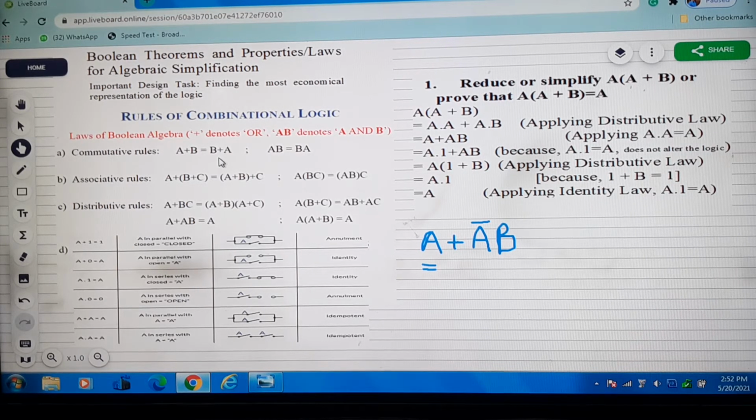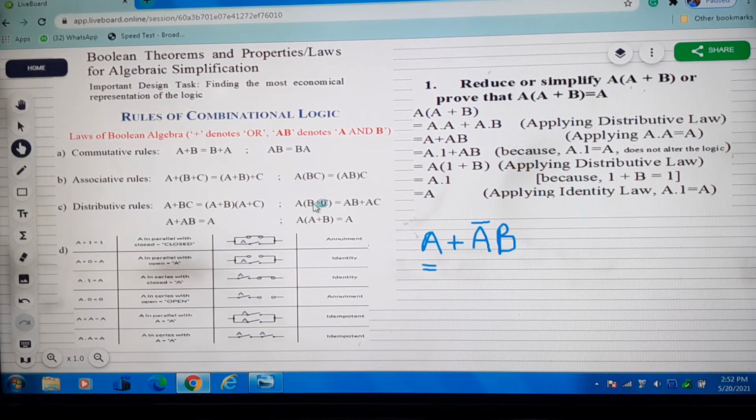Next is associative law. This law states that the order in which the logic operations are performed does not make any difference as their effect is the same. Or in other words, the law allows the removal of brackets from an expression and regrouping of the variables.